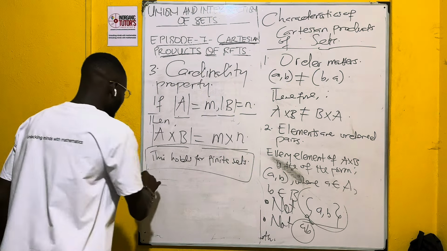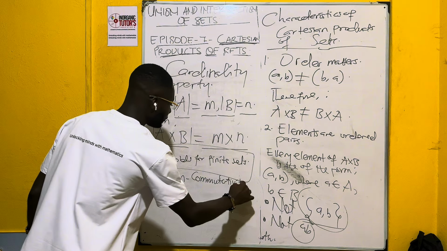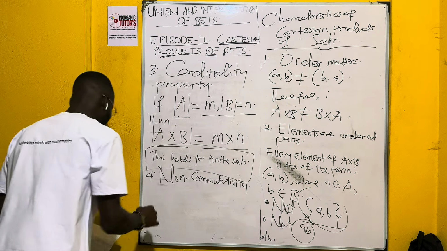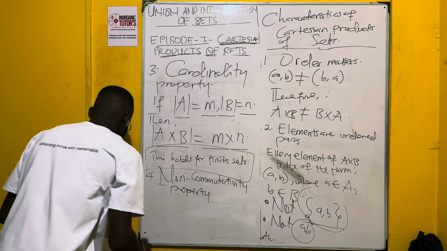Now let's go to the fourth characteristic, which is non-commutativity, as I mentioned earlier. Let's add the non-commutativity property.